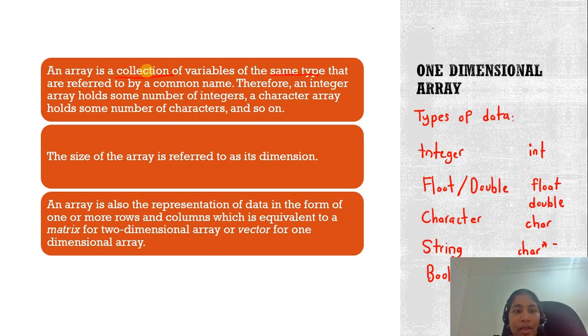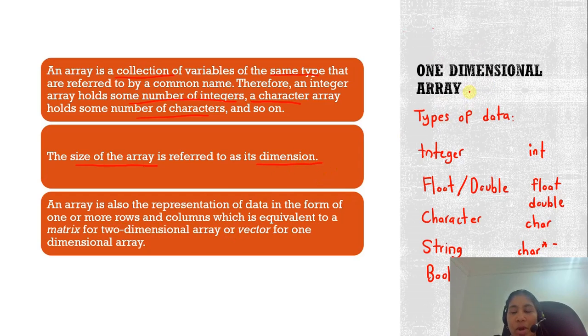Now an array is a collection of variables of the same type, so it has to be the same type. For instance, an integer array holds some number of integers, a character array holds some number of characters, and so on. The size of the array is referred to as its dimension. So array size is known as a dimension.